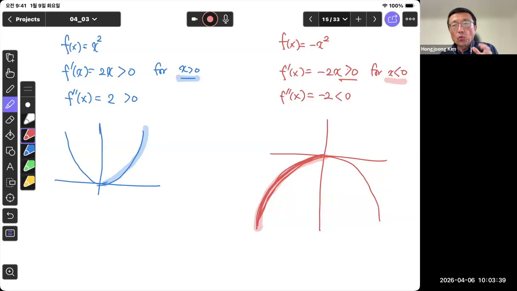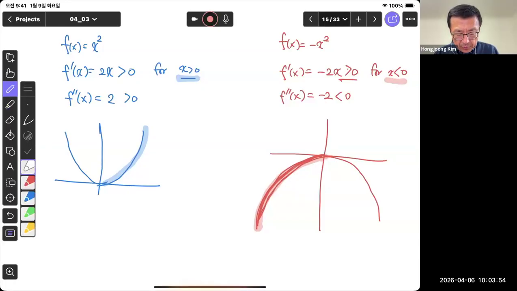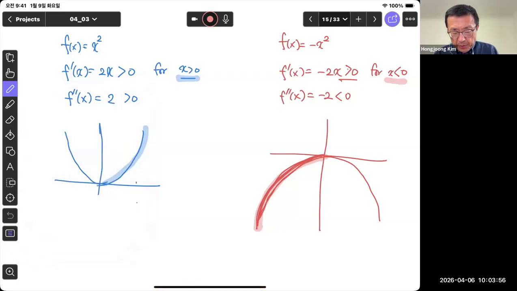Whenever you have a function f where f prime is positive and f double prime is also positive, the increasing pattern will be like this. If f prime is positive but f double prime is negative, then the increasing pattern will be like this. So that's what I personally use.